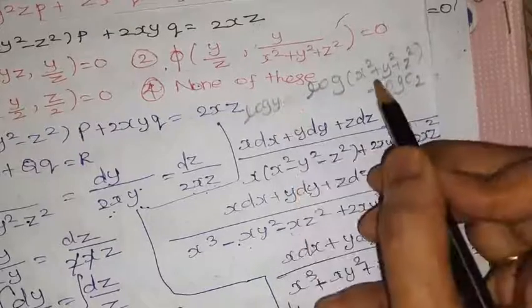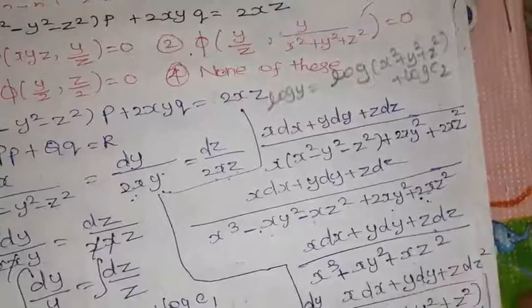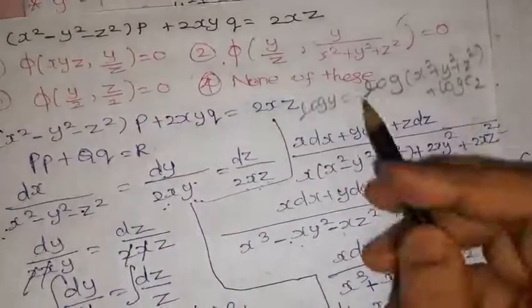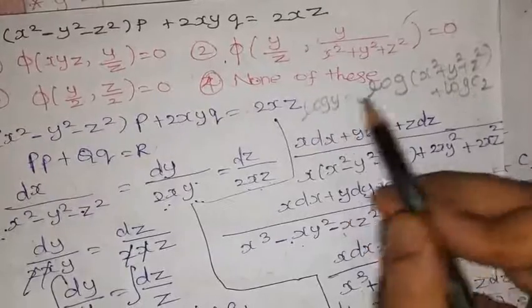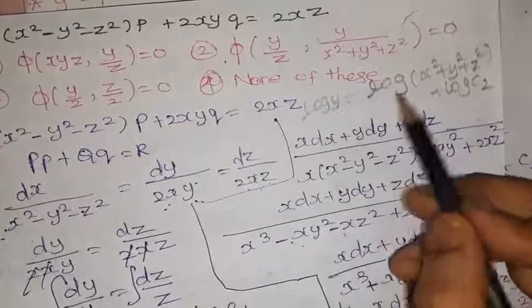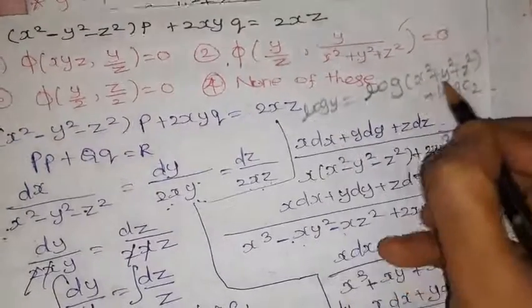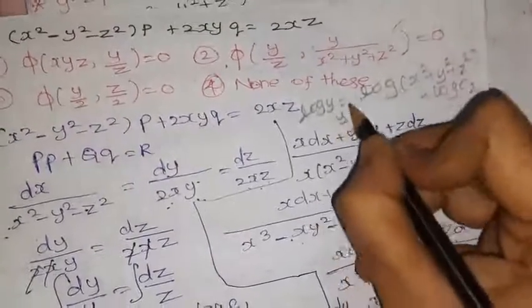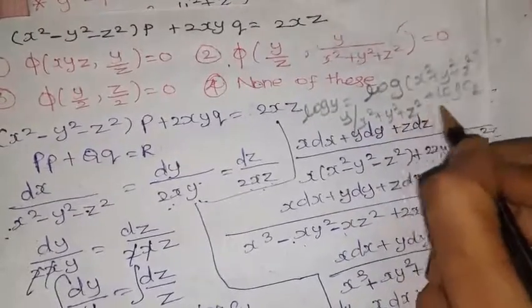Log a minus log b is nothing but log a by b. I am not going to write it because there is no sufficient space, guys, so please kindly adjust. So log a by b equals log c2, cancelling that logarithm: y by x squared plus y squared plus z squared equal to c2.